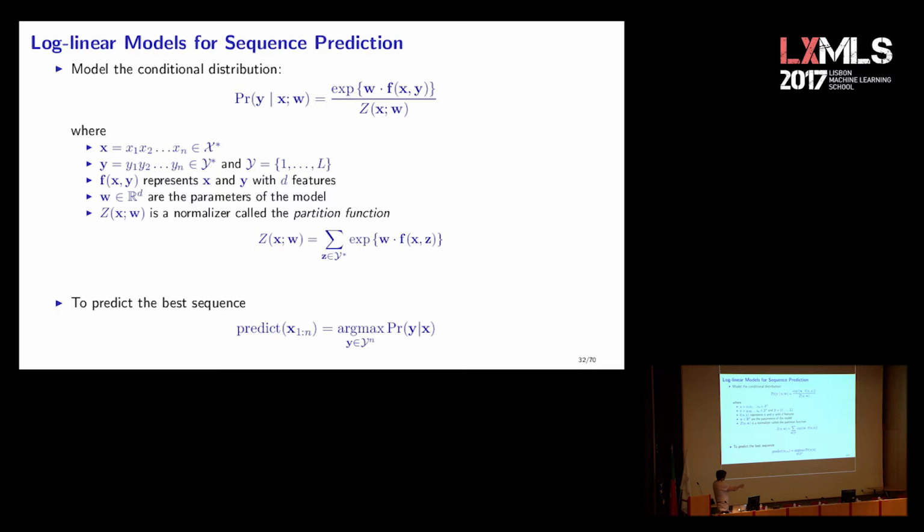If I sum them all, looping over all possible output sequences for this input under this model, I get the normalizer. If I plug this in, my scores can now be interpreted as a probability distribution.